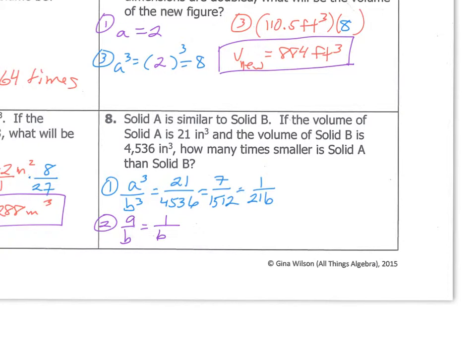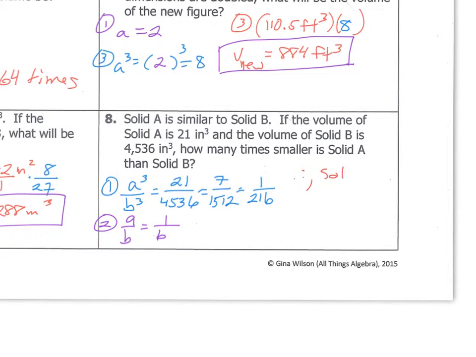Wouldn't you take, where's my volume? So wouldn't you take this volume right here of solid B and divide it by 6 to get solid A? So solid A is 6 times smaller than solid B, because that's how they're asking it. So therefore, rephrase the question as an answer.